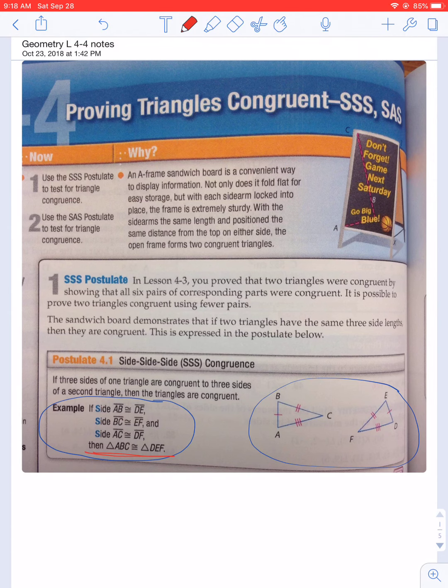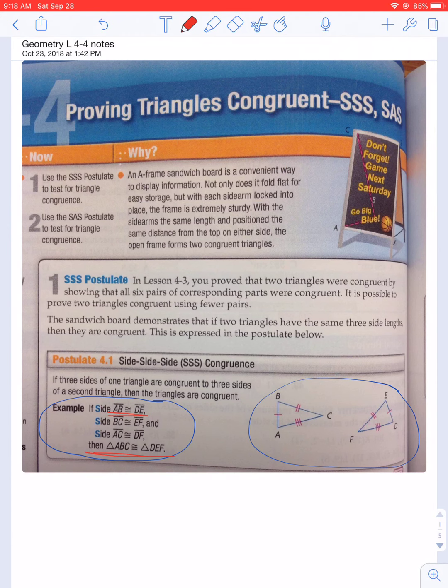We cannot say triangle ABC is congruent to EFD. We have to make sure we line up the sides. If you're confused about that, just look real quickly with me. It's a nice review of the last lesson. See here where AB is congruent to DE. Remember I said you can correlate by the order of the congruency statement which segments are congruent to each other.